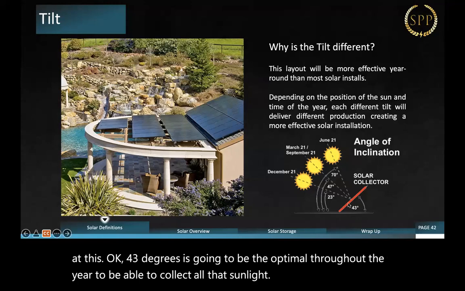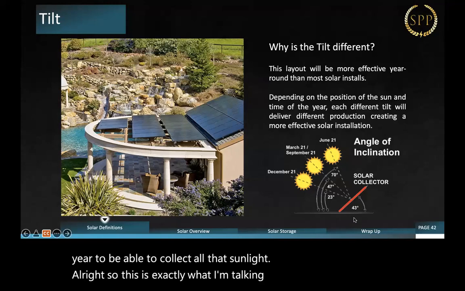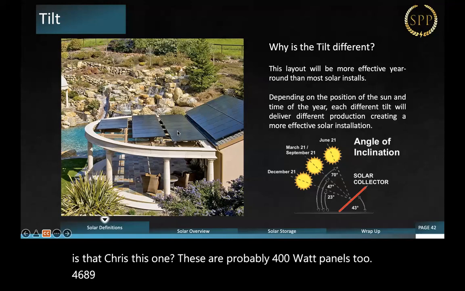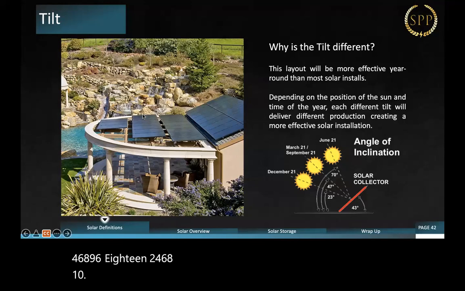All right, so this is exactly what I'm talking about. How big a system is that, Chris? This one, these are probably 400-watt panels. 2, 4, 6, 8, 10, 20, 21, 22, 24, 42. 16.8.